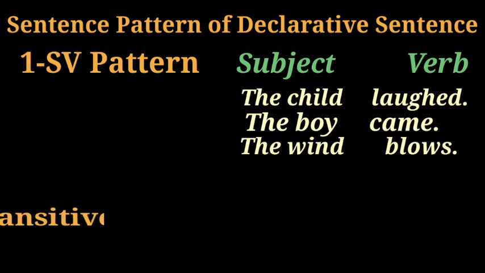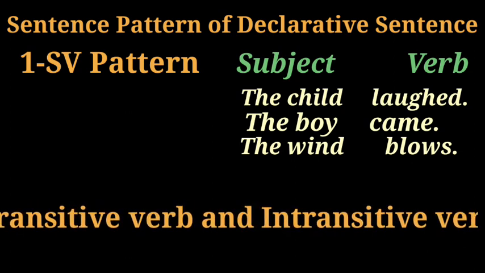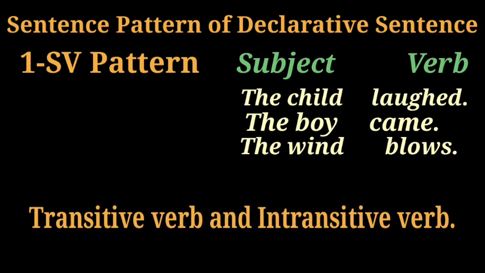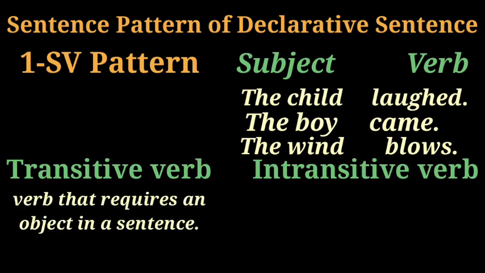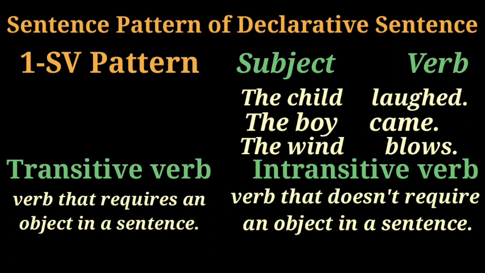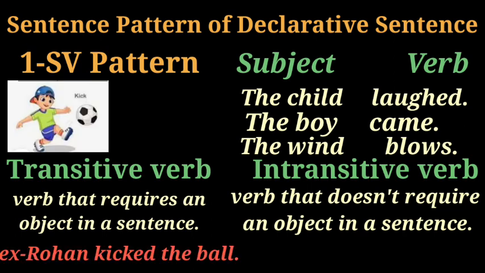Two types of verbs are there, transitive verb and intransitive verb. Here I want to say about transitive and intransitive verbs that a verb that requires an object in a sentence is called a transitive verb, and a verb that doesn't require an object in a sentence is called an intransitive verb. For example, Rohan kicked the ball.